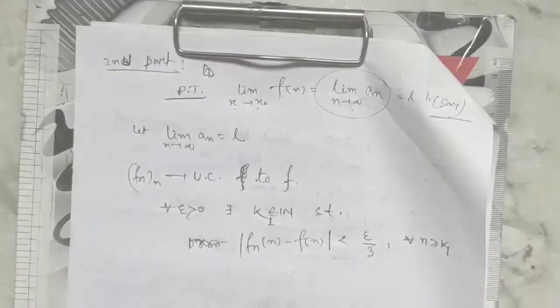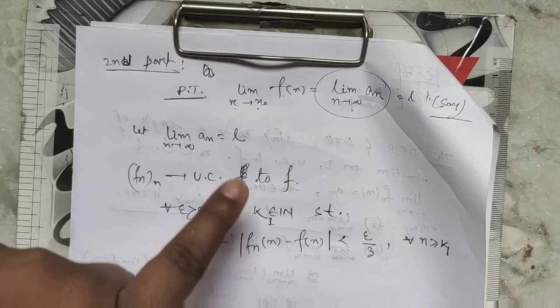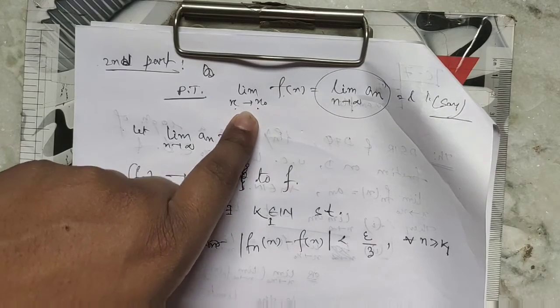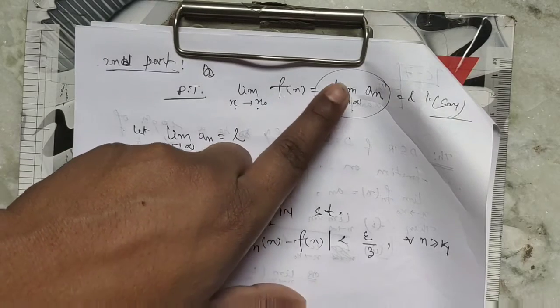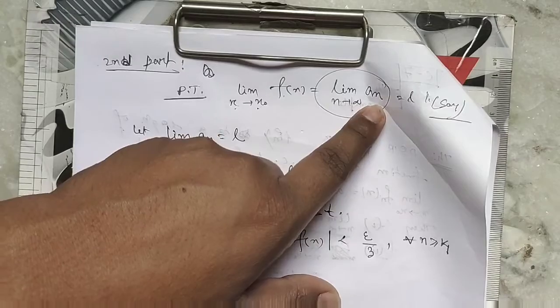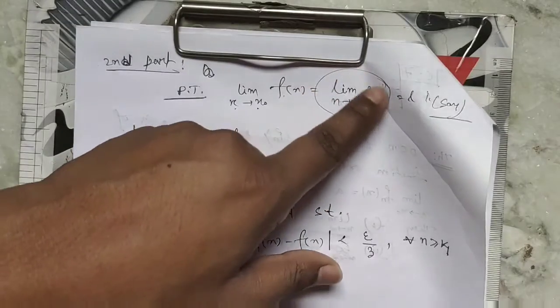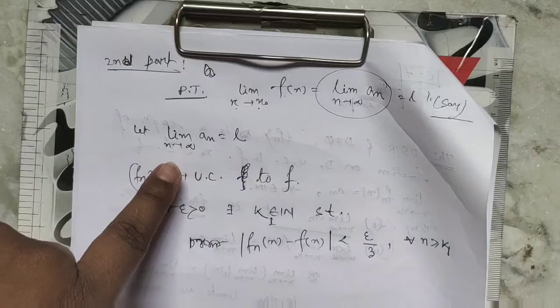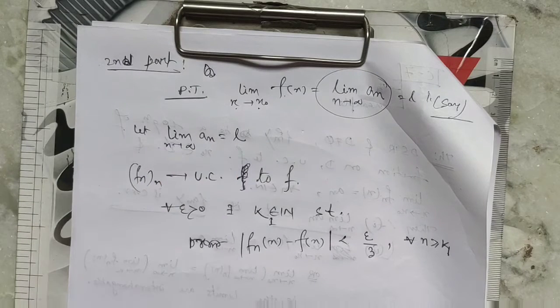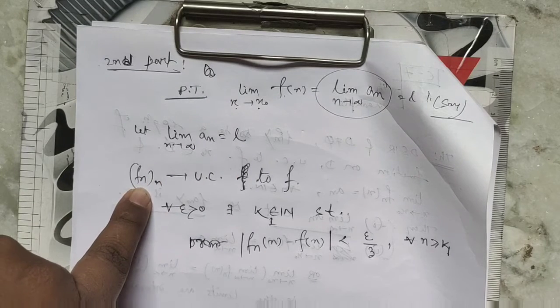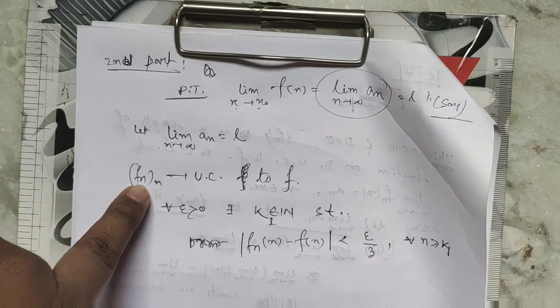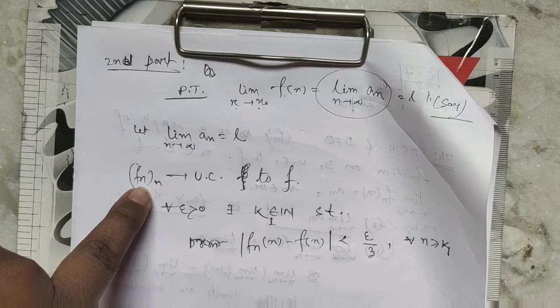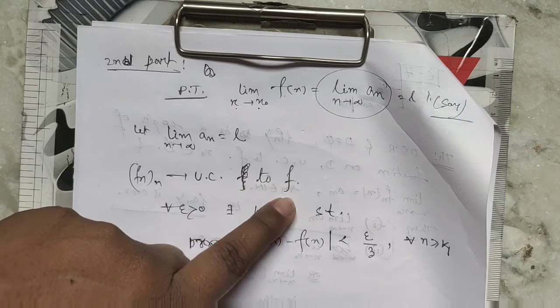Now the second part. Here we prove that the limit as x tends to x0 of f(x) equals the limit as n tends to infinity of an. So let the limit as n tends to infinity of an equal L. Now in the theorem we see that the sequence of functions converges uniformly to f.